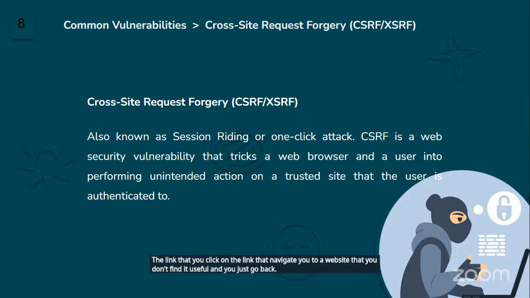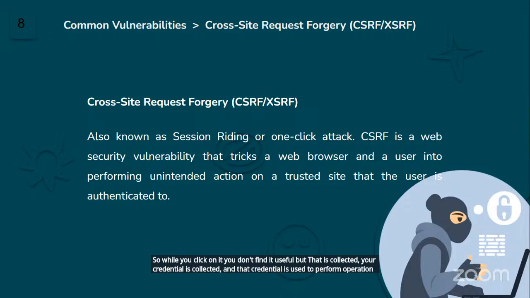So it may be a link that has the href of the bank website, your credential that is collected, and then the amount of money to withdraw. So when you click on it, you don't find it useful, but your credential is collected, and that credential is used to perform the operation.